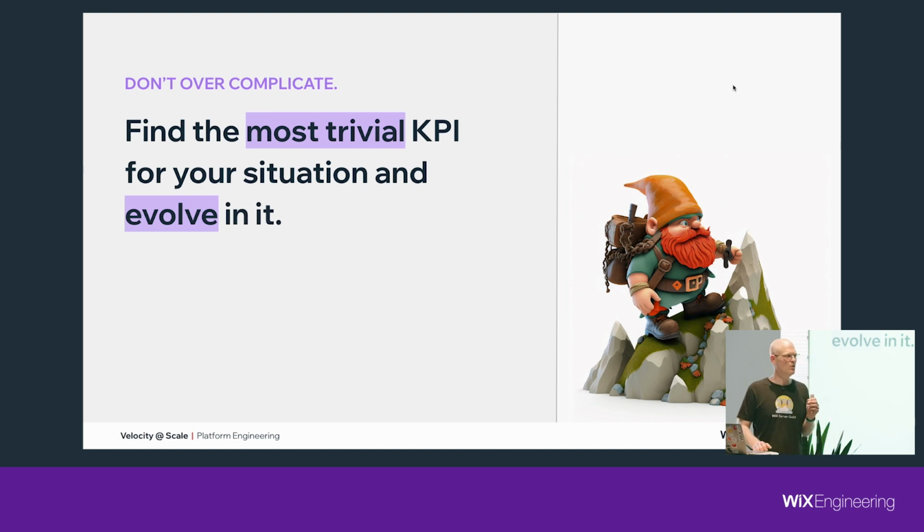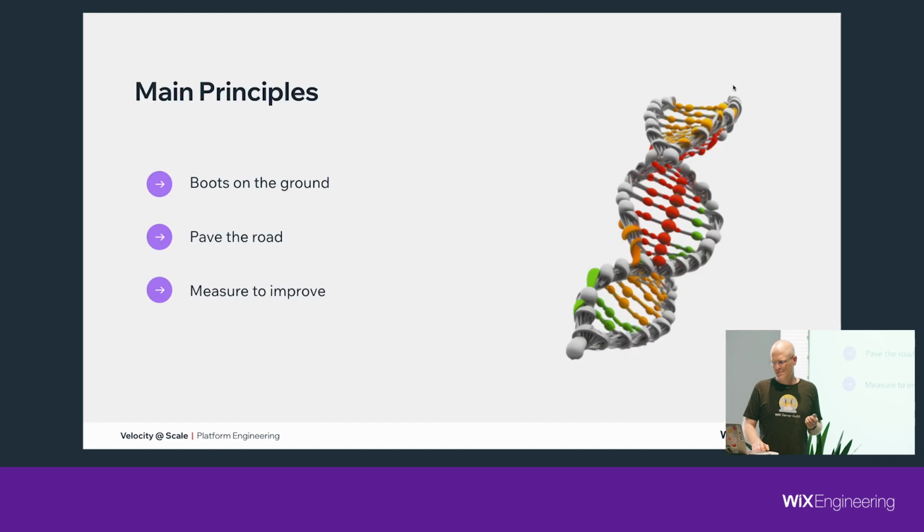And then after it, you can start with, let's say, making sure that your CI cycle is constantly green, right? You can extract tasks like fixing the script and then fixing flaky tests, and only once you feel like you've exhausted it, grow to the next KPI. So we constantly evolve the KPIs. Yeah. So it's boots on the ground, pave the road, and measure to improve.